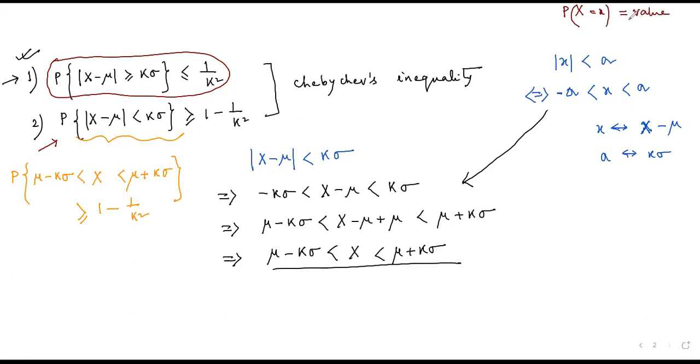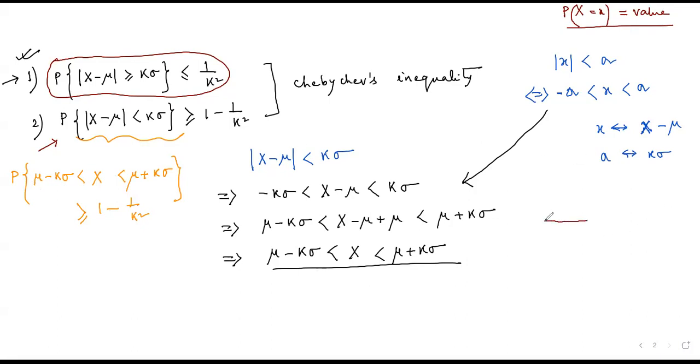We put an equality sign over here. Usually it happens. But in Chebychev's inequality, we do not get the exact value. We actually get a kind of range, rather a kind of lower limit. We do not have any idea about the upper limit.